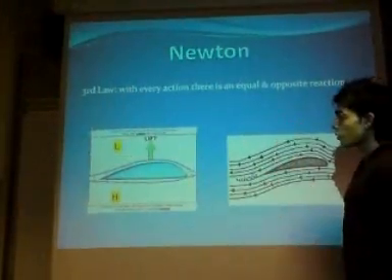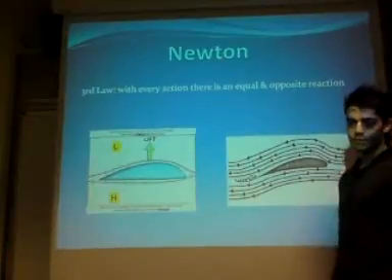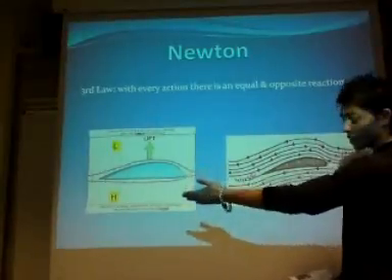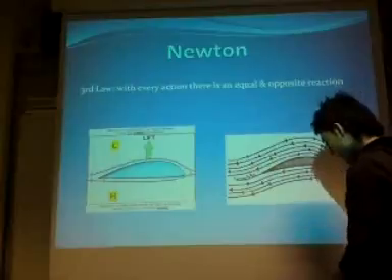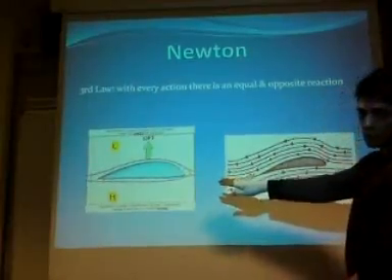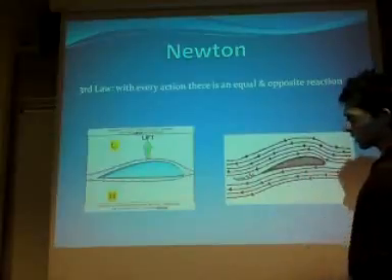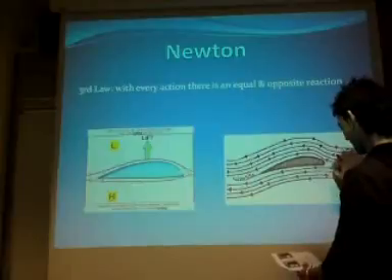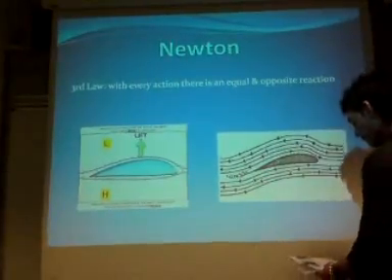Now we move on to Newton's law. Newton's third law states, with every action there's an equal and opposite reaction. Here you see a wing, there's no reaction, because it's stable, it's not moving. Now if this made a movement, we'd get this sort of reaction. You see the air flowing around the wing, which gives us an upwash, and air is deflected downwards.